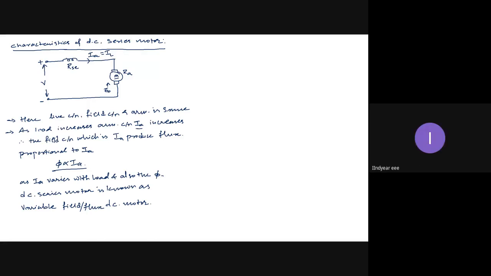You know what saturation current? Where you studied? In which concept or in which device you studied about this saturation current? Previous sem, sir.